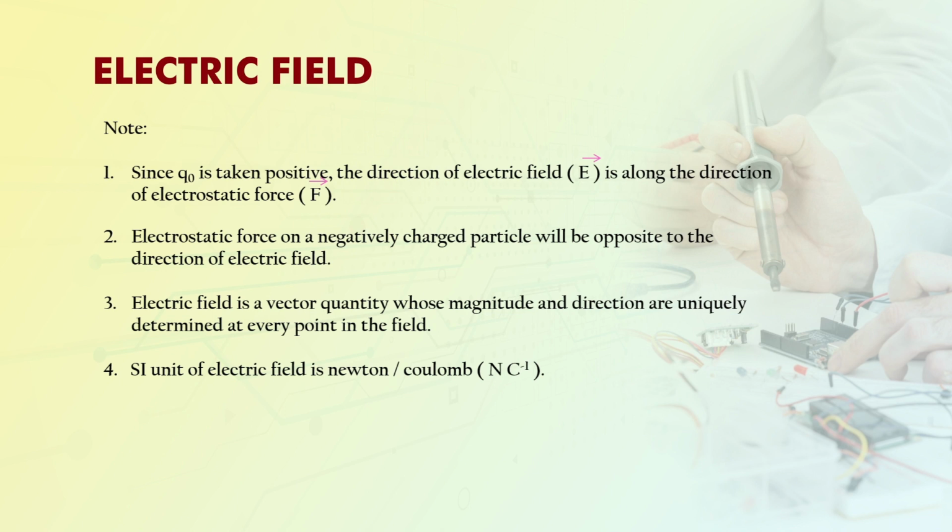Electric field is a vector quantity whose magnitude and direction are uniquely determined at every point in the field. The SI unit for electric field is Newton per Coulomb.